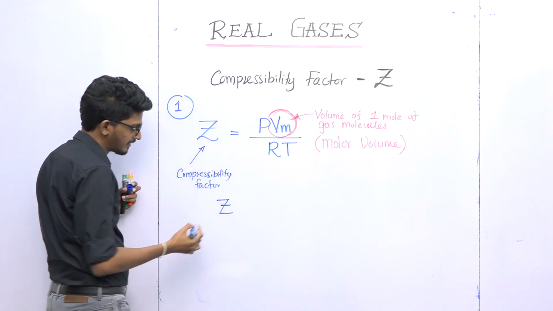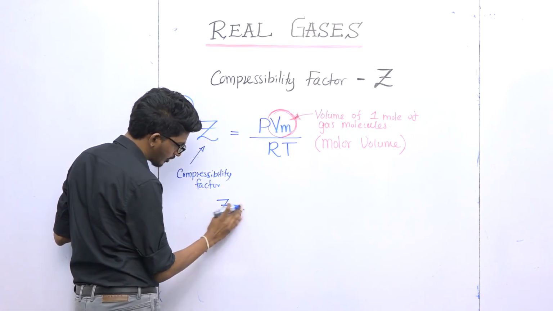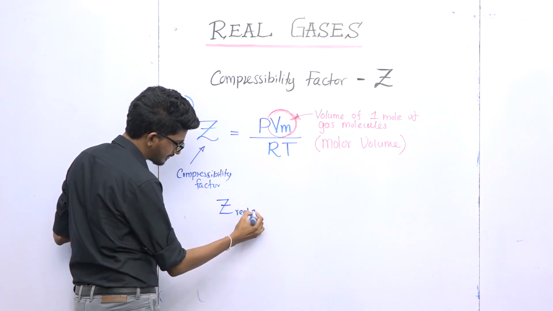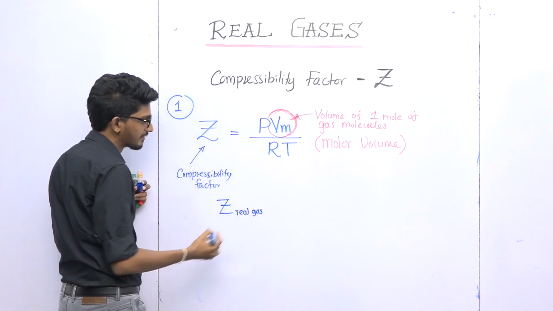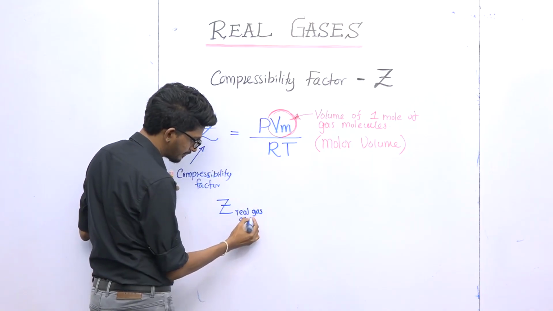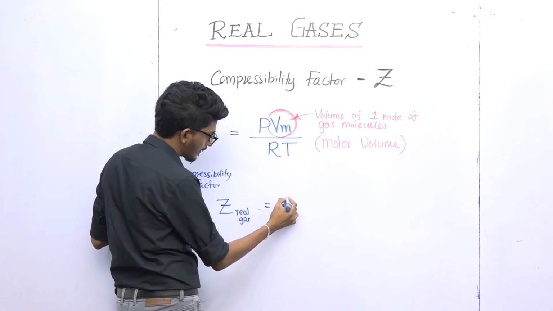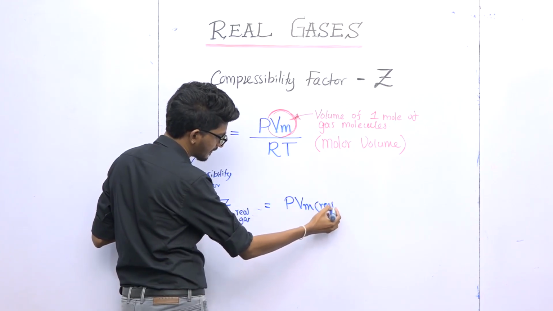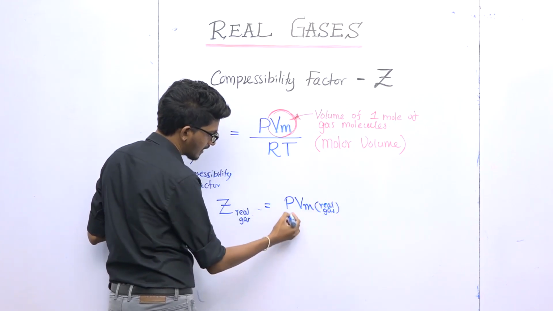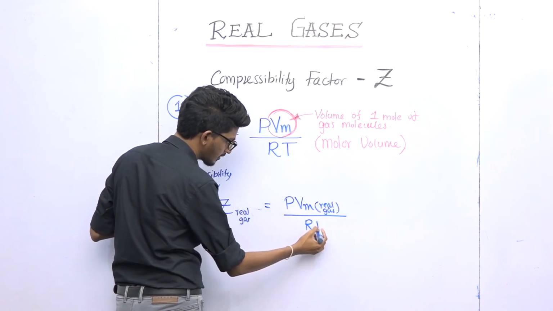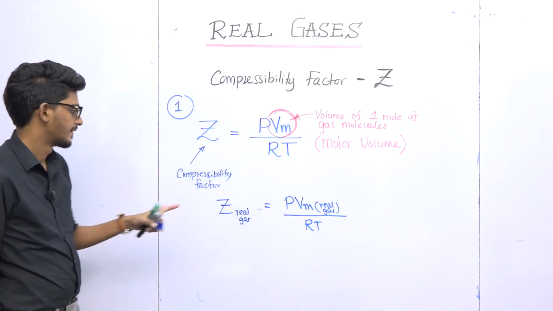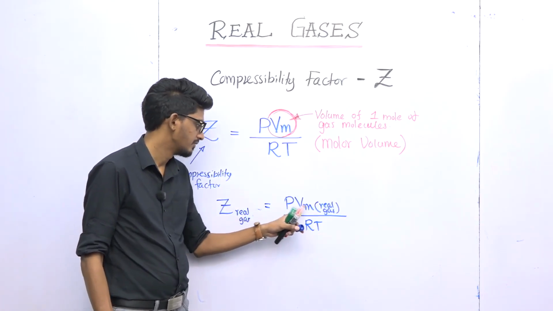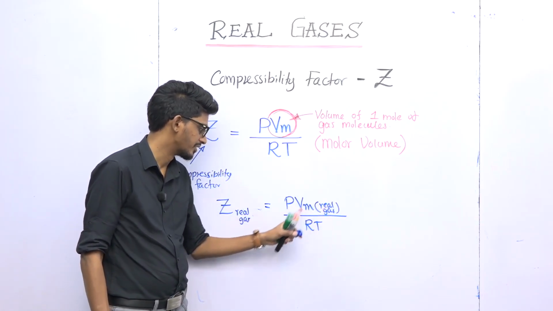Instead of the real gas, Z of the real gas is going to be equal to P times Vm, the molar volume of that real gas, divided by RT. No worries, no? For considering a real gas, the compressibility factor is the PVm of that real gas, molar volume of that real gas, over RT.